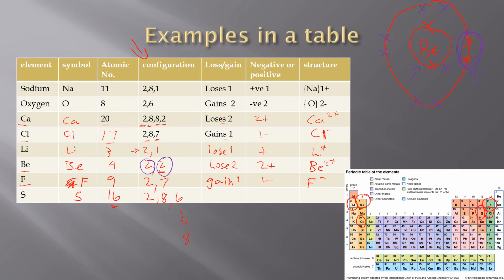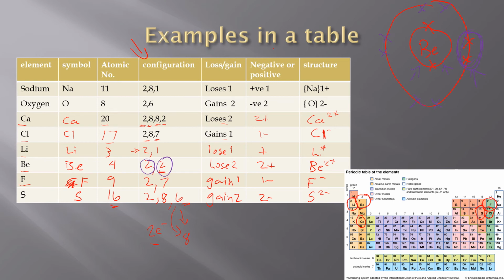The difference between 6 and 8 is 2 electrons. So do we gain 2 or do we lose 6? What's easier to gain? 2. Gain 2, that would be 2 negative charges. Sulfur, 2 minus, is how we draw the actual ion.